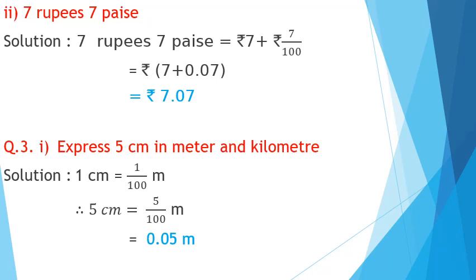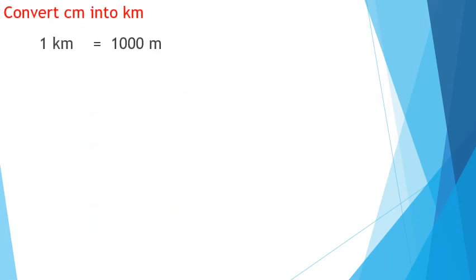Now we have to convert 5 centimeter into kilometer. So you have to remember 1 kilometer equal to 1000 meter. It can be written as 1000 multiplied by 1 meter. Instead of 1 meter, we can write it as 100 centimeter. So that gives 1000 multiplied by 100 centimeter.